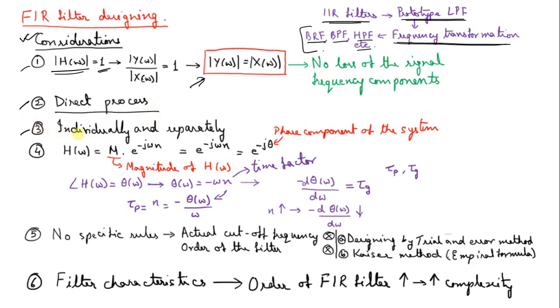It says FIR filters can be designed individually and separately. We don't have to depend on other types of filters like in the IIR filter. That's what I told you.